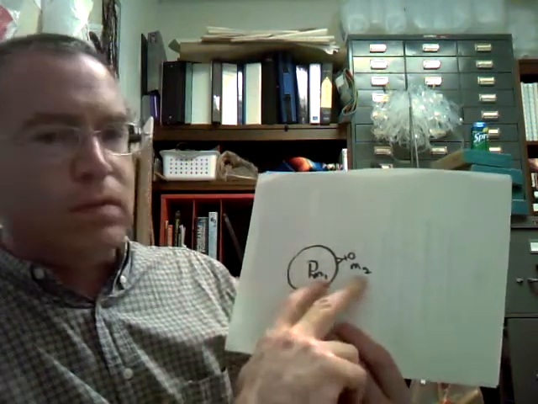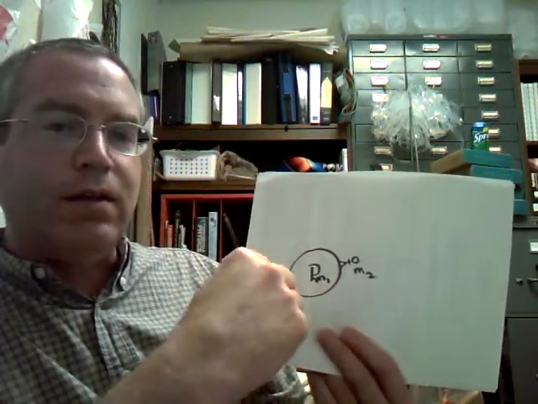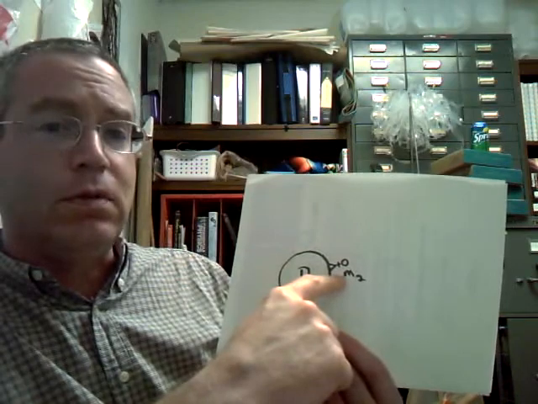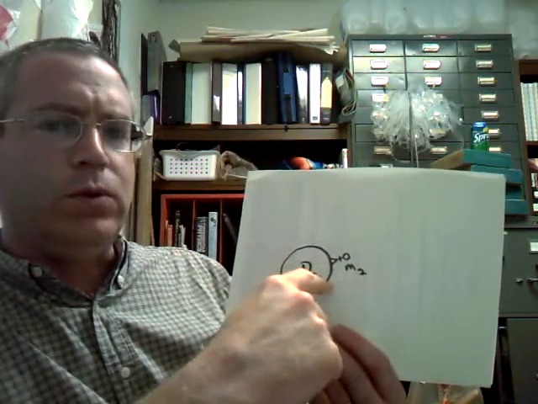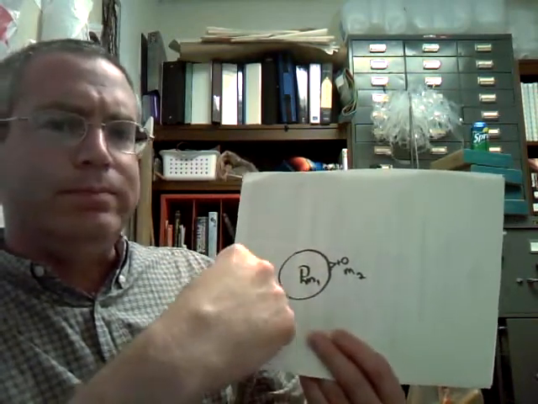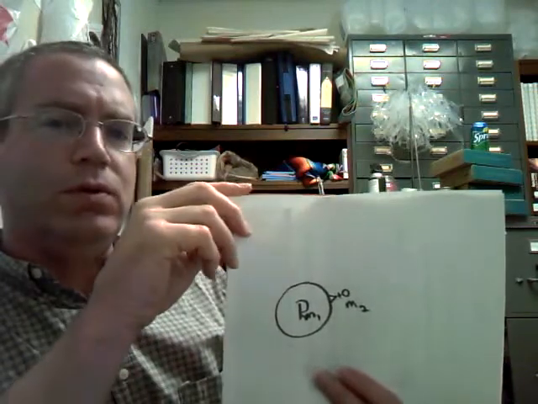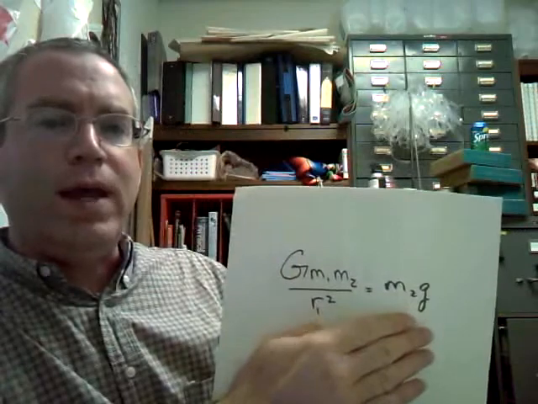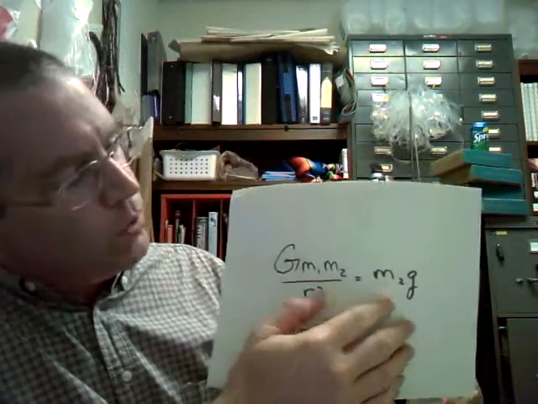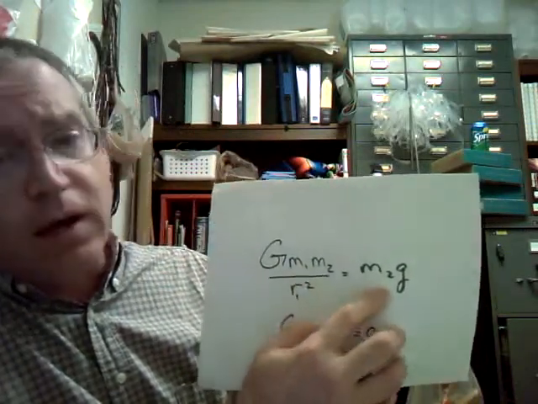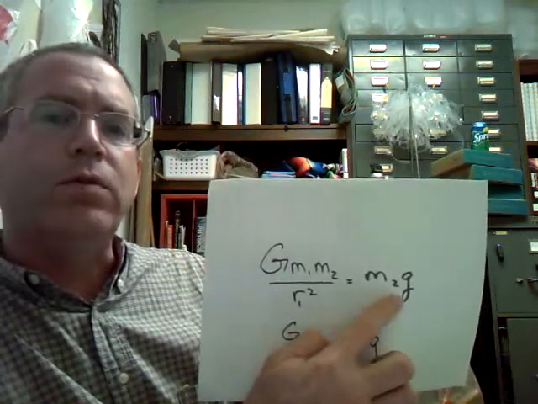And so the weight of the person, mg, should be equal to the gravitational force between these two masses. Therefore, we should be able to equate those two equations. This is the more universal equation right here, and this is the formula for weight.